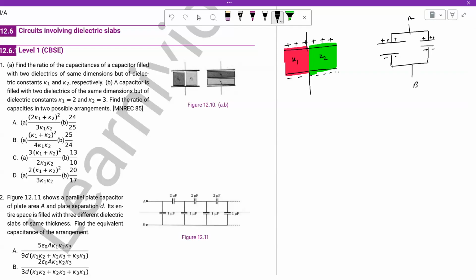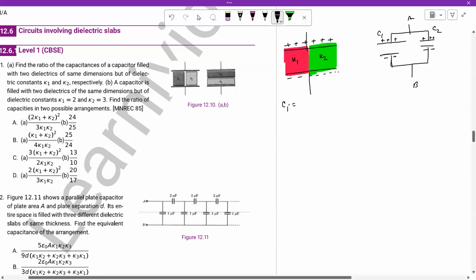This is a parallel connection. So these are parallel connections. This is C1 and this is C2. The overall capacitance would be C1 plus C2. We'll talk about that later, but let us first calculate C1.